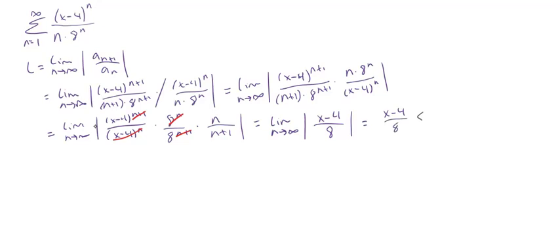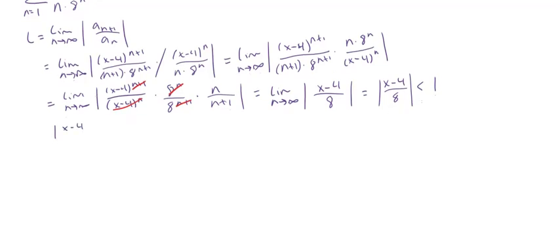And again, ratio test, I want that to be less than 1. So I need some absolute values. I'm going to write that again: absolute value of x minus 4 over 8 is less than 1. Remember, negative 1 less than x minus 4 over 8 less than 1.